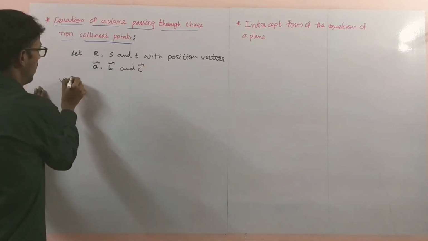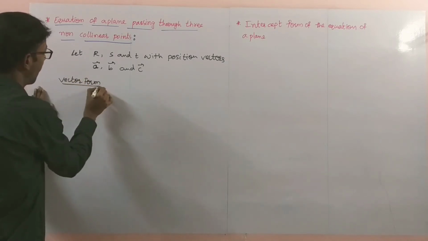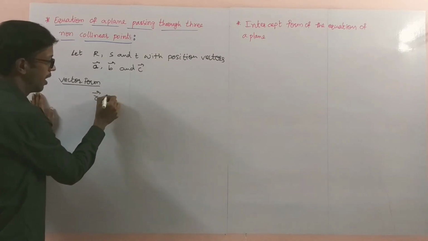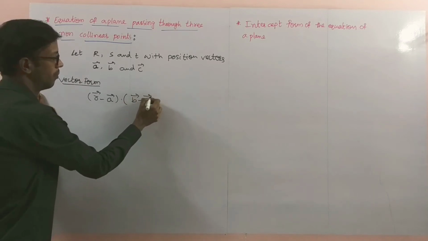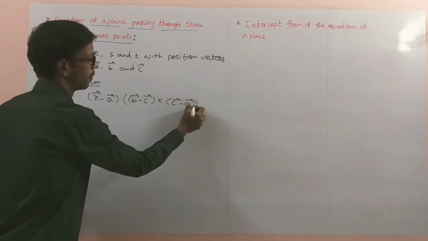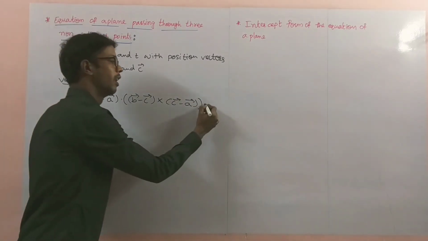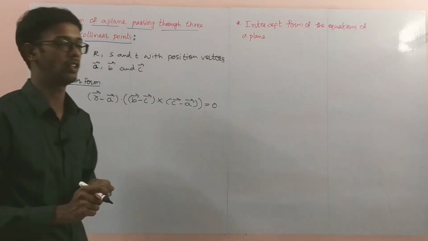First of all, vector form. Vector form of a plane equation: r bar minus a bar dot of b bar minus a bar cross c bar minus a bar. This is the vector form of a plane equation passing through 3 non-collinear points.